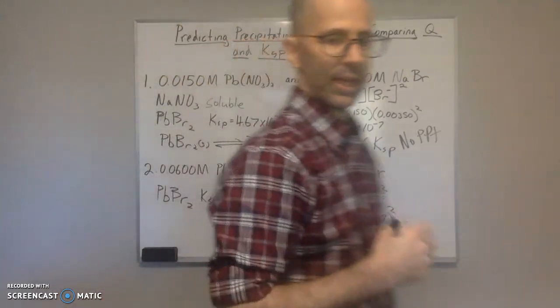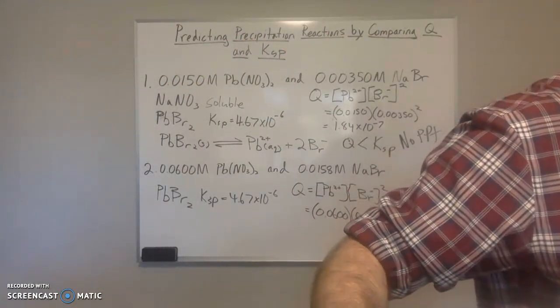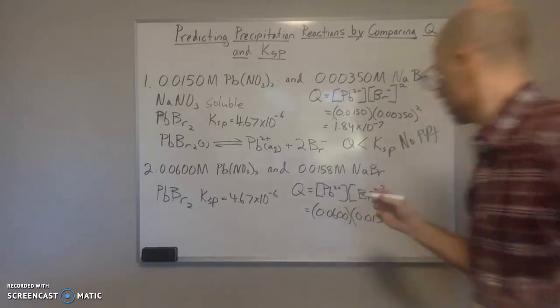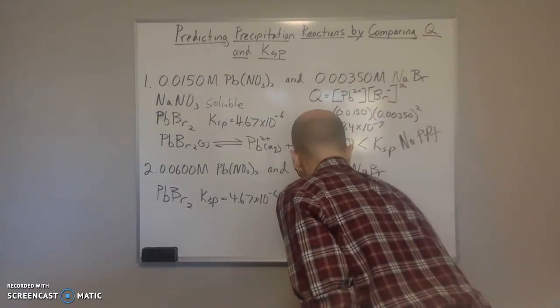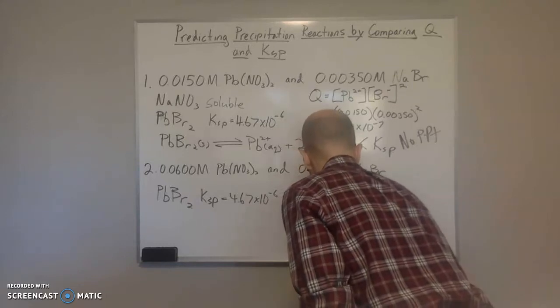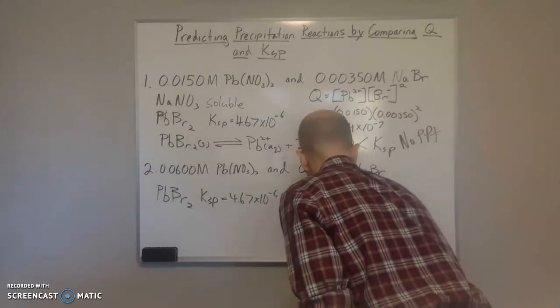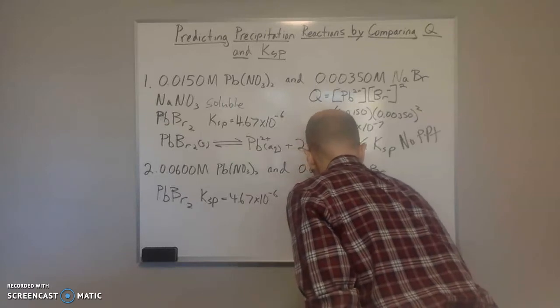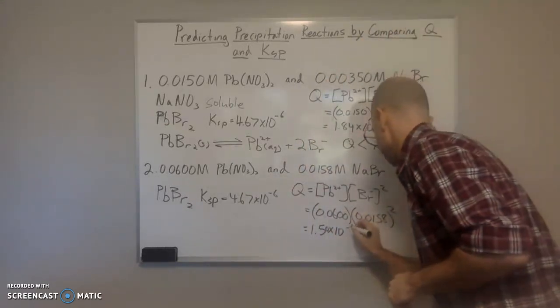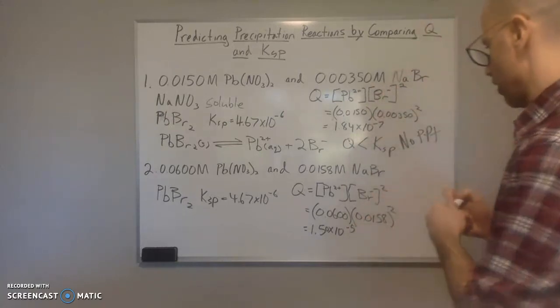Then we calculate that, and we get 1.50 times 10 to the negative 5. So that's our Q value.